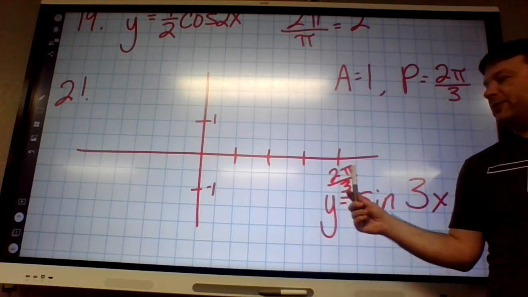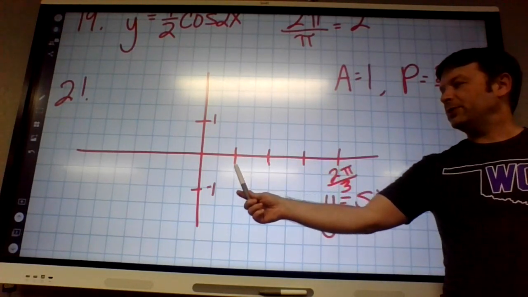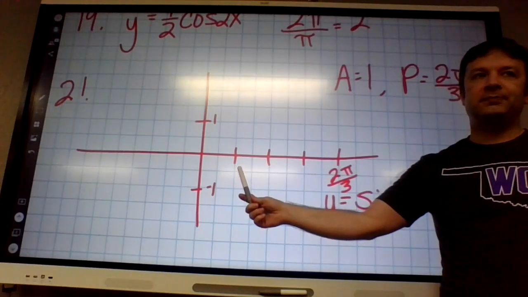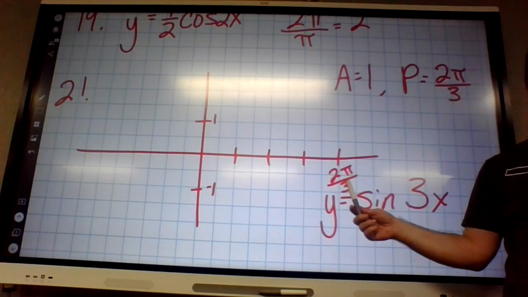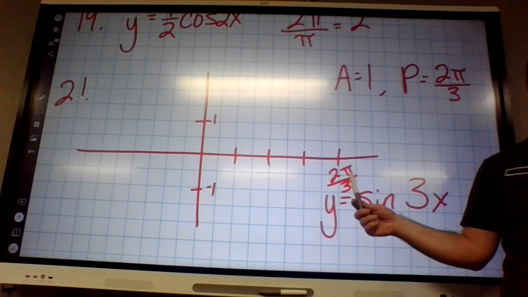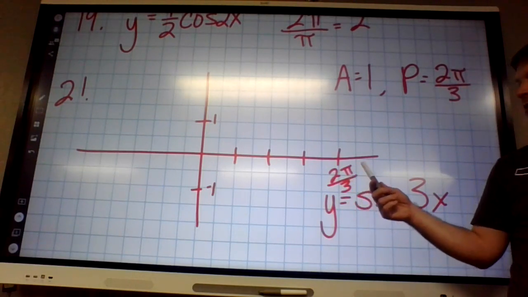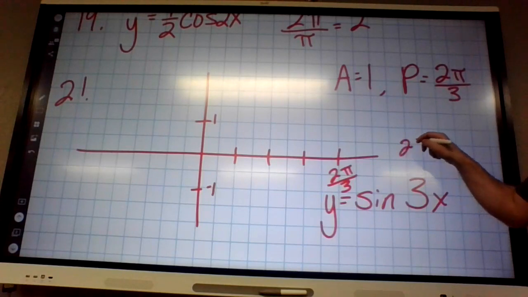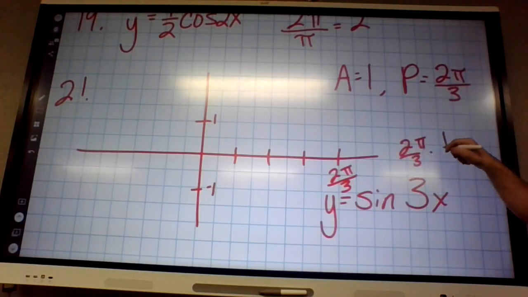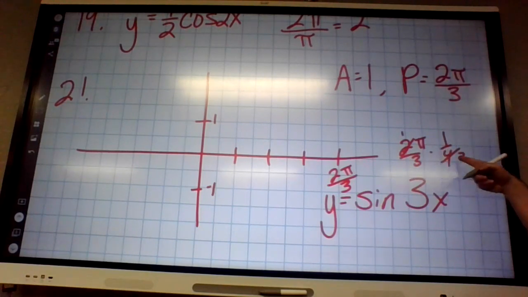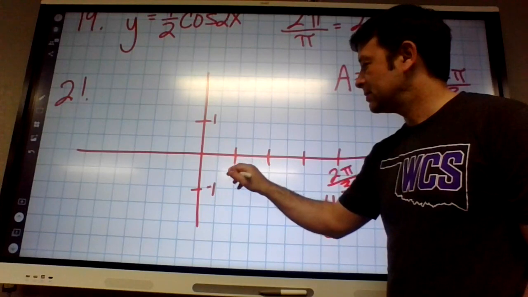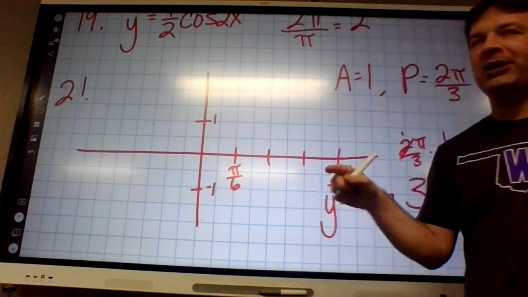How do I figure out what goes on the first mark? The first mark is only 1/4 of this. You guys get it? So you can do times 1/4 or divided by 4, either way. 2 pi over 3 times a fourth is pi over 6, which is like 1/6 pi.